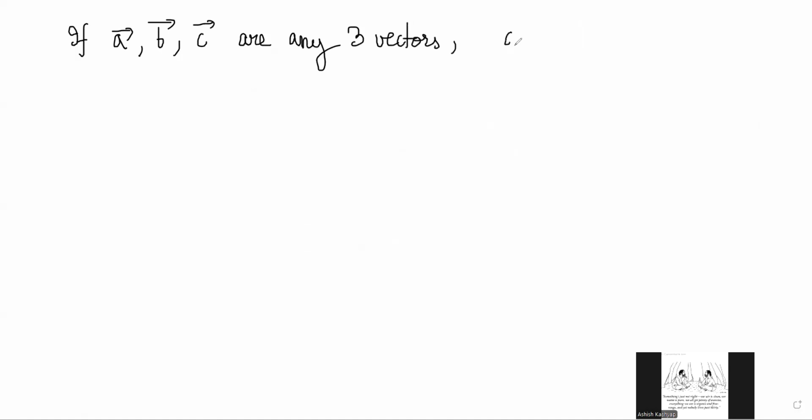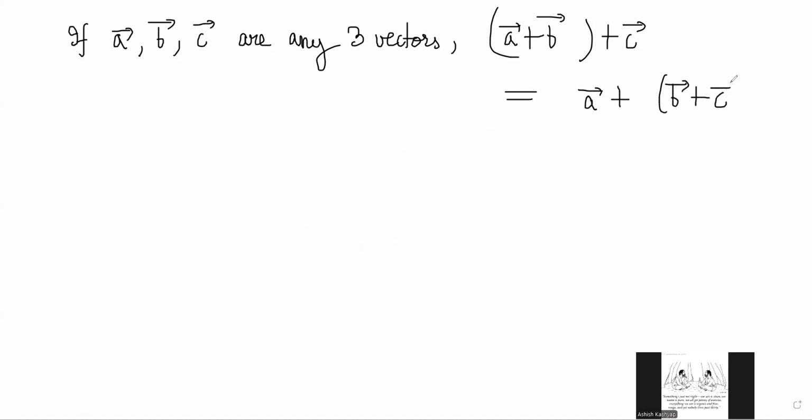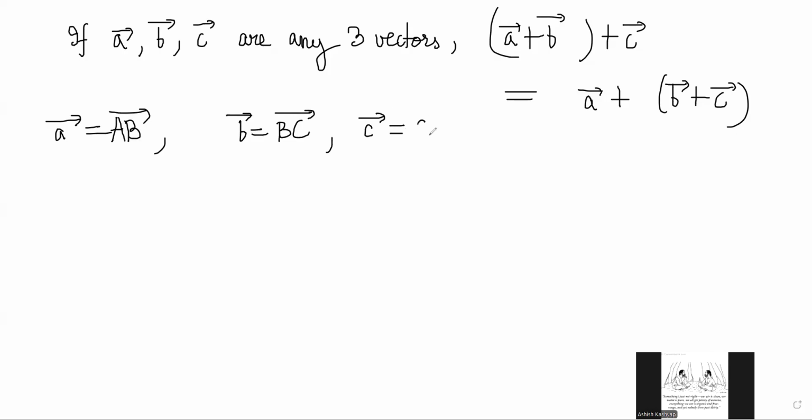The next property is the associative property, which is again very obvious. If A, B, C are any three vectors, then A plus B, plus C is the same as A plus, B plus C, right? So we can prove this also easily. Let's say A vector was my AB vector and B vector was my BC vector. And let's say C vector was CD vector. Then what is A plus B plus C?